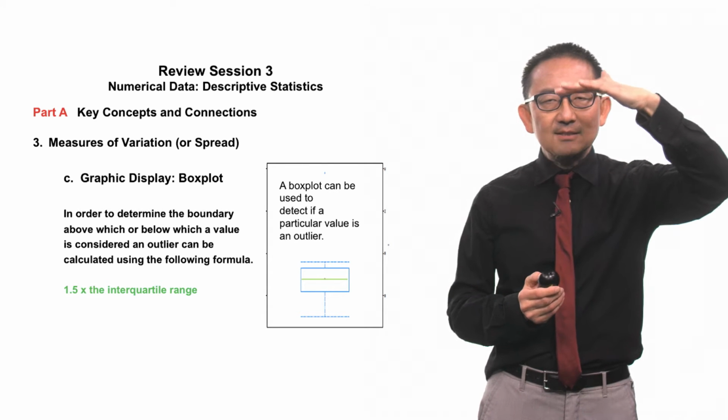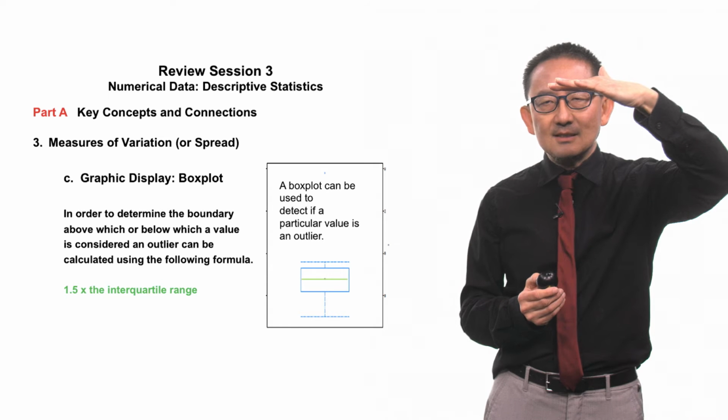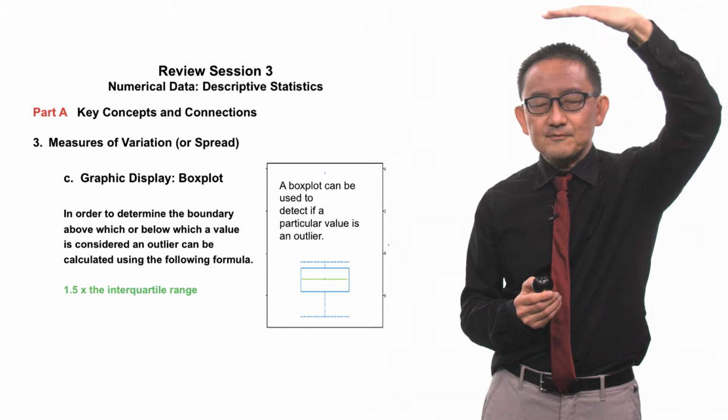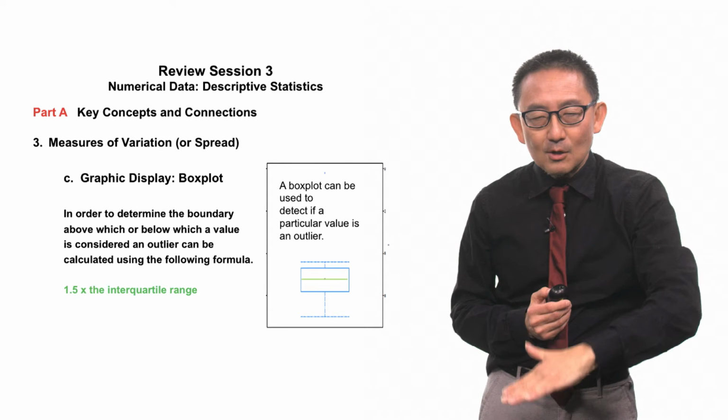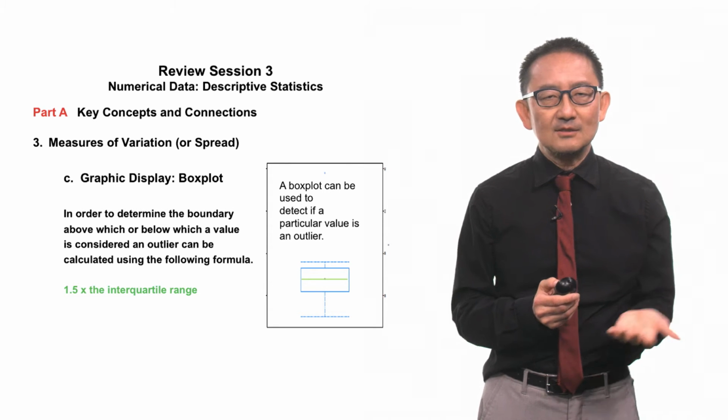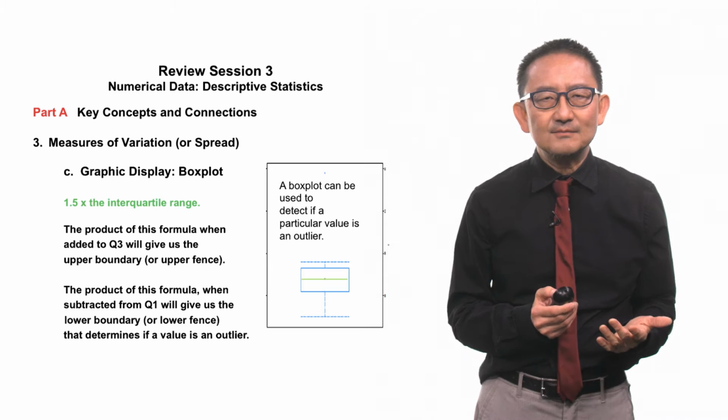Now the fences mean that any value that is above the upper fence is considered an outlier, and any value found below the lower fence is also an outlier in the other direction.